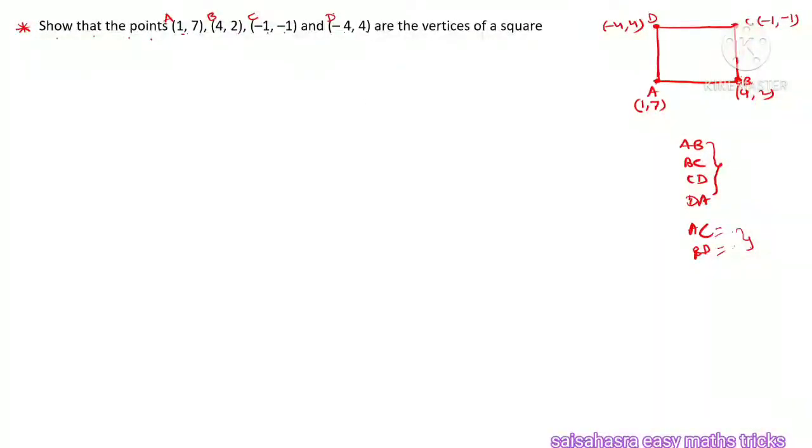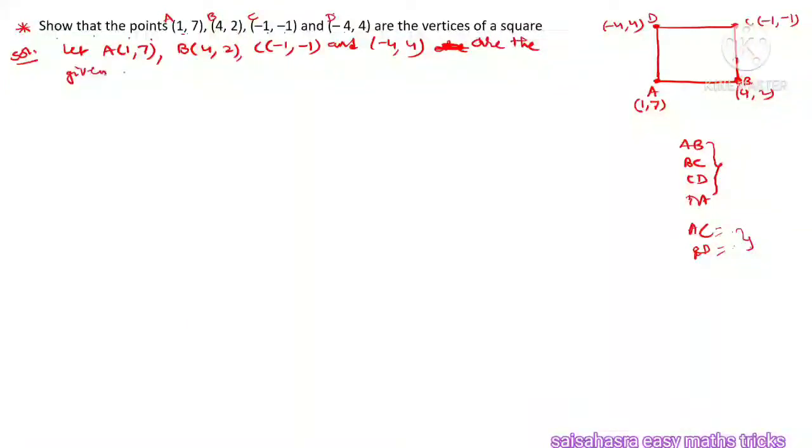So this is the concept. A is 1 7, B is 4 2, C is minus 1 minus 1 and D is minus 4 4 are the given points.